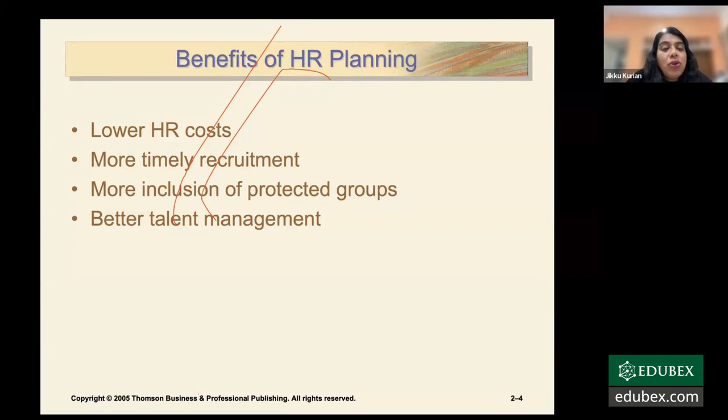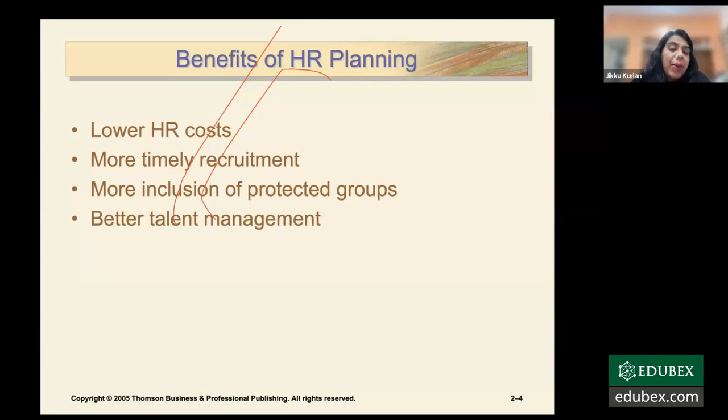So, more inclusion of protected groups. Whenever we go for hiring, we understand that diversity and inclusion are the mantras which are followed these days, and we are not supposed to omit people from any ethnic or cultural background. Most of the organizations these days project themselves as equal opportunity employers.